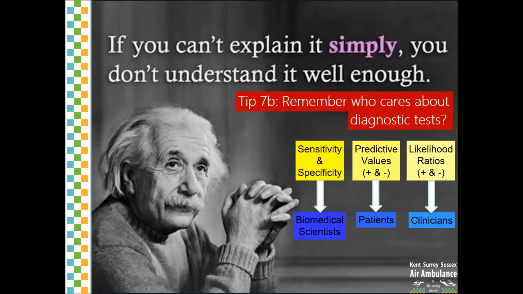So when people talk about diagnostic tests, they often talk about sensitivity and specificity. It's widely quoted. Now, sensitivity and specificity give a really nice overall judgment on how good a test is at ruling in and ruling out, and we can run through the maths of that at another time perhaps.